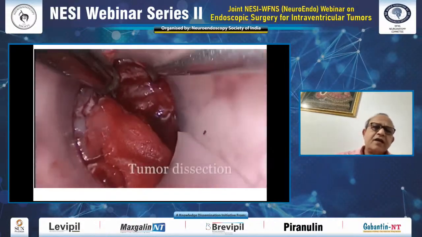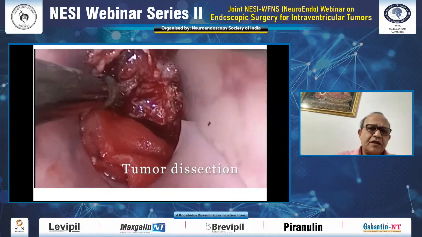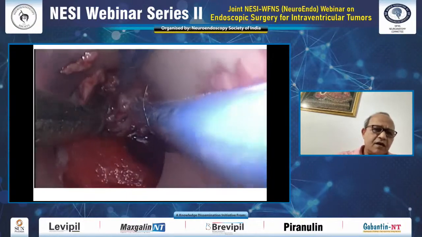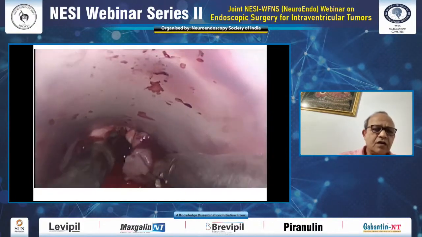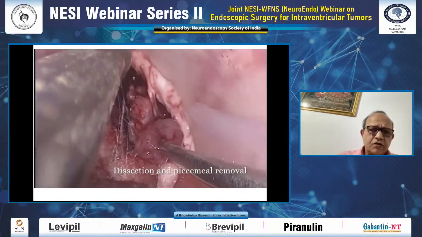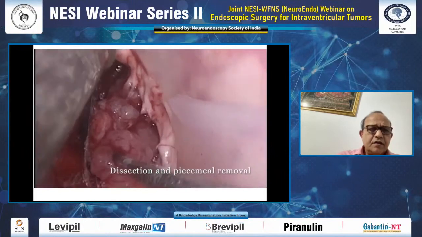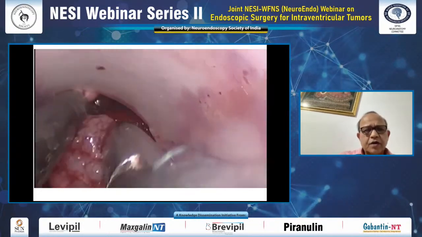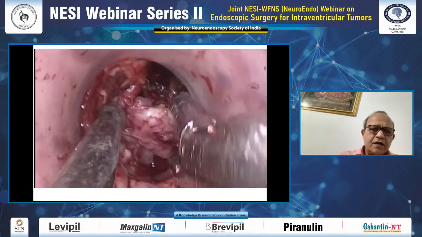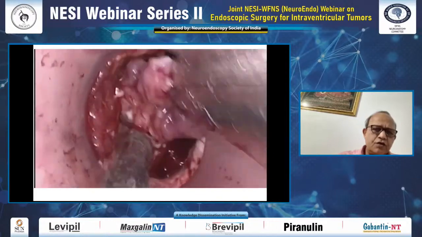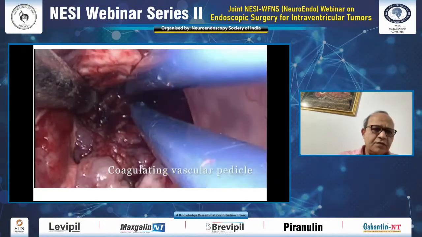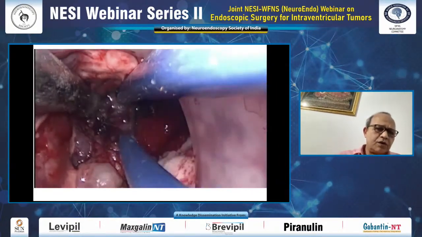Then the bimanual technique is used to remove the tumor using even conventional instruments like simple bipolar, or one can even use endoscopic bipolar. But the instruments should preferably be single shaft, and they should be slender so that you can introduce two instruments through this 2 centimeter diameter tubular retractor.